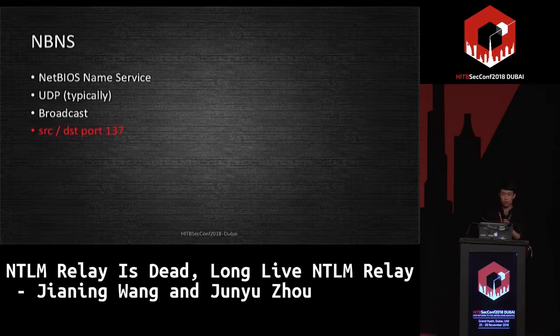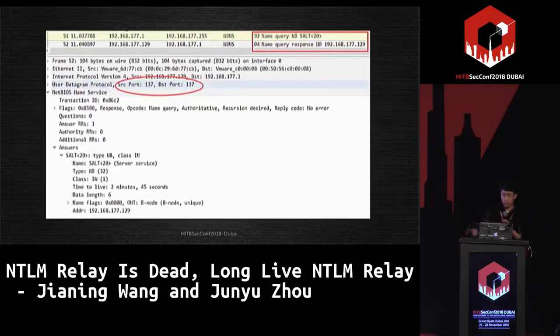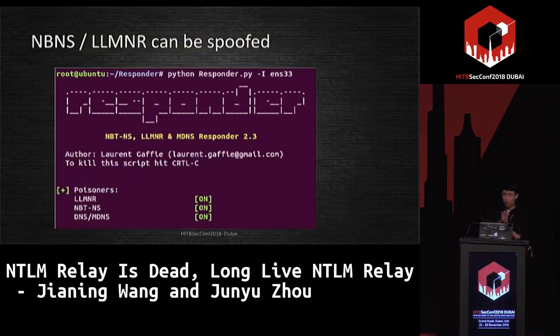Its source and destination ports are both 137. And here is a sample packet. You can see the source port and destination port are both 137. And there is a famous exploit called BadTunnel, and that exploit uses this feature.